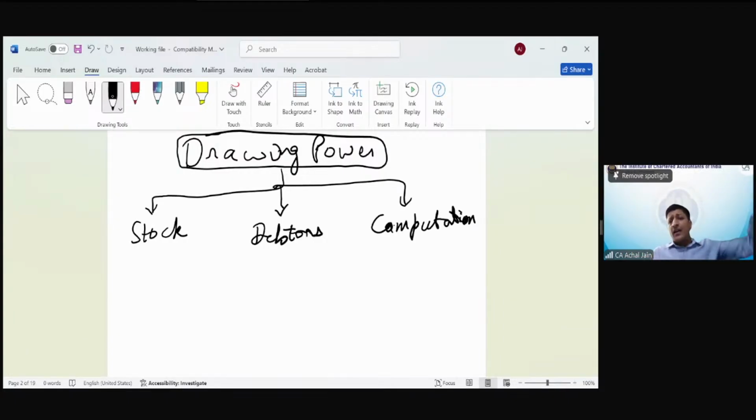See, for a bank, considering the kind of systems they use, considering the kind of controls they have, banks are all on the IT platform, IT environment. So therefore, definitely this computation needs to be checked.